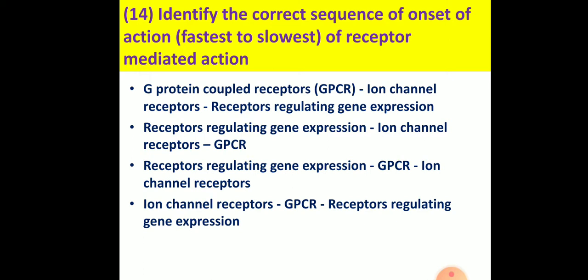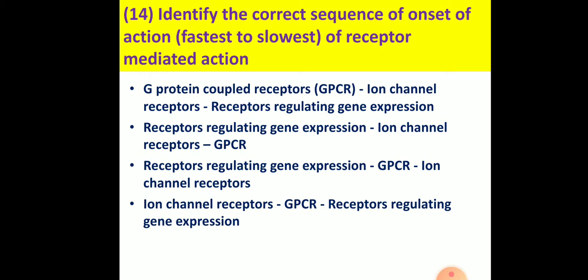So the fastest acting will be the ion channel receptor, and for the slowest, the drug acts through the receptor, then it leads to transcription, then translation, then the synthesis of the protein, and depending on the type of the protein it produces the action.